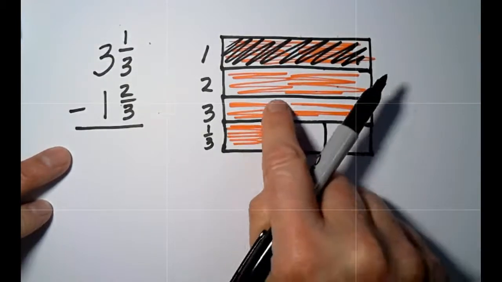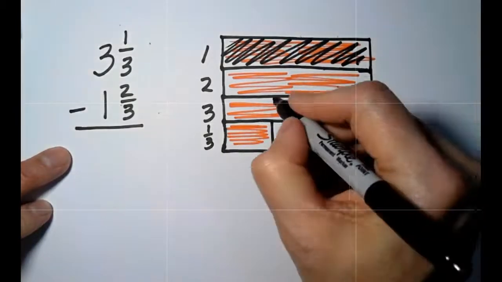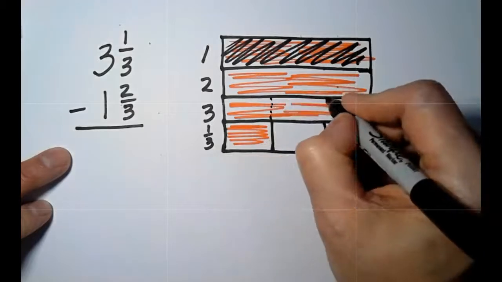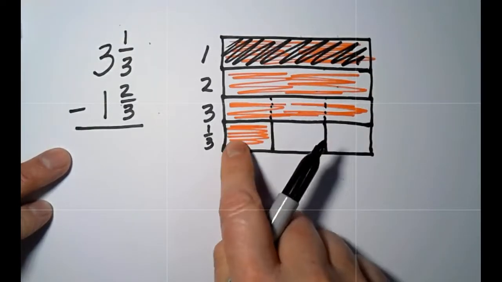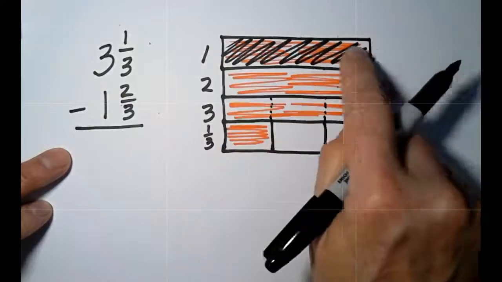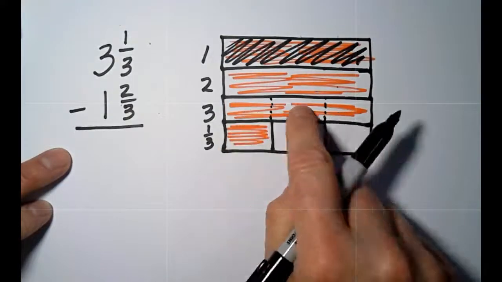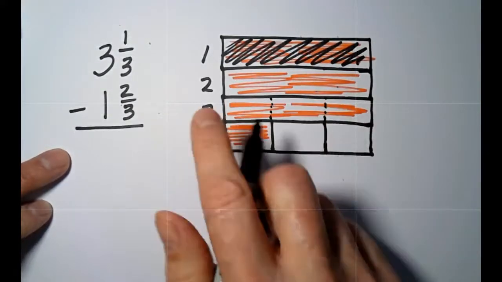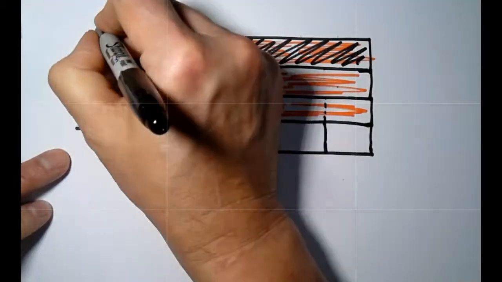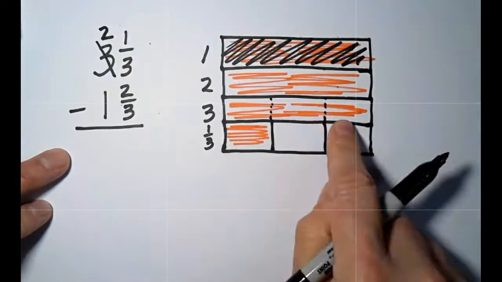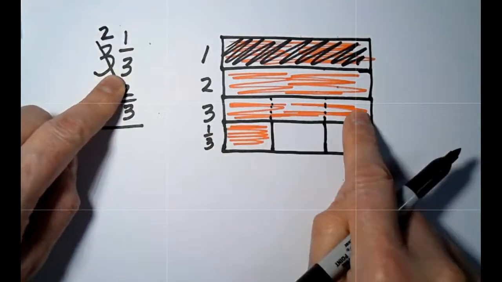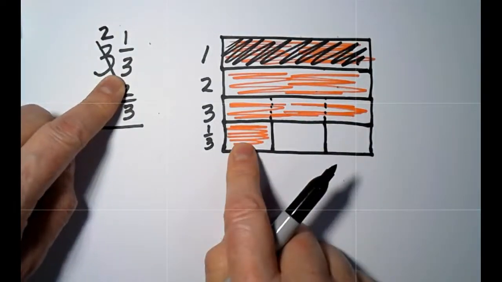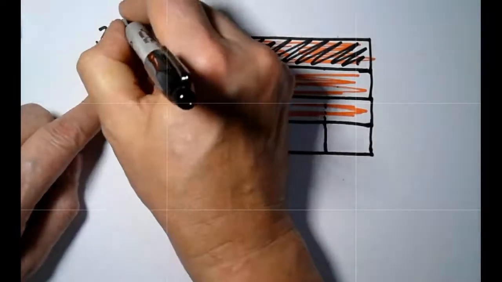And the answer is I break this piece up into thirds as well. So now instead of 1, 2, 3, and 1/3, what I began with was 1, 2, and 4/3. I took one of these and I regrouped it into thirds. I added the 3/3 here to the third that I had, and this 1 became a 4.